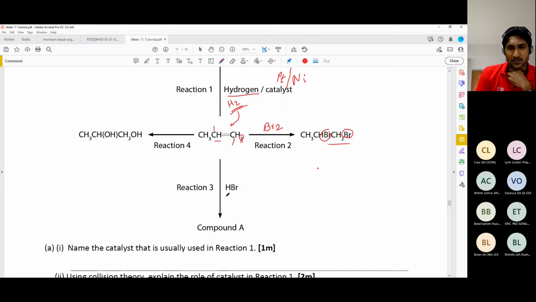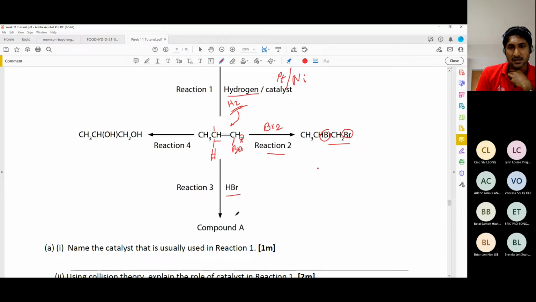If we add hydrogen bromide, here in reaction 2, what will happen, right? Hydrogen bromide, then we will see that one hydrogen is going here, and for this carbon the bromine will be attached to this carbon, right?